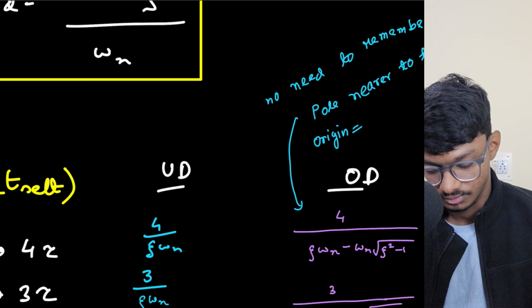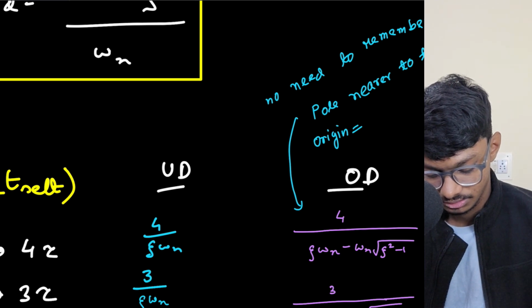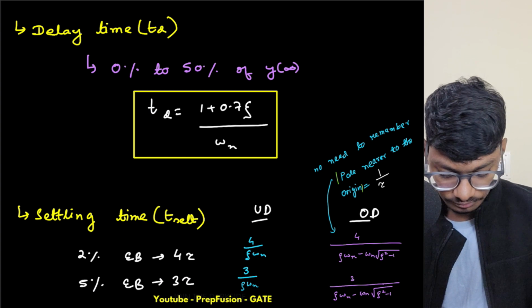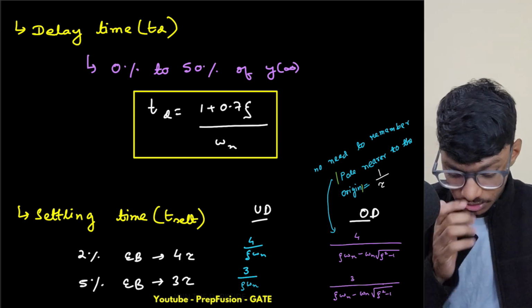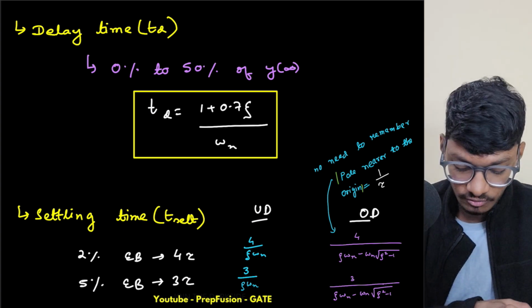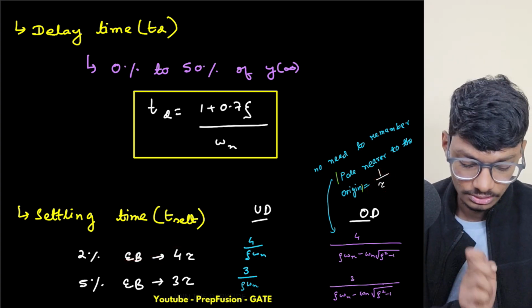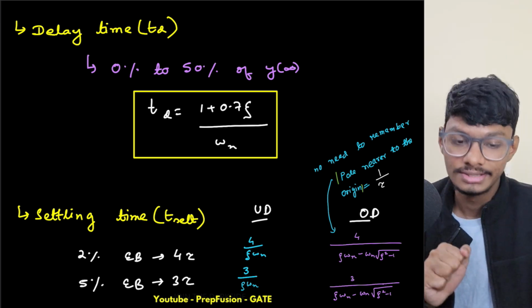The magnitude of that one, obviously, because it is in the negative direction, equals 1 upon tau. So only remember this, and from here you find the tau and just do 4 tau or 3 tau according to the error band. So don't remember this.